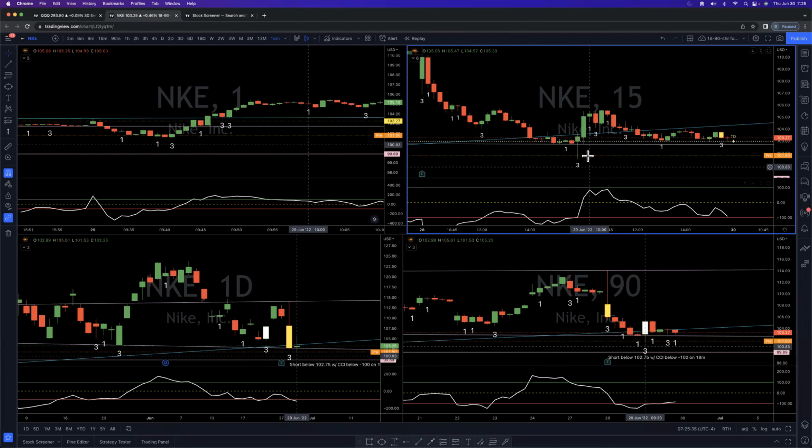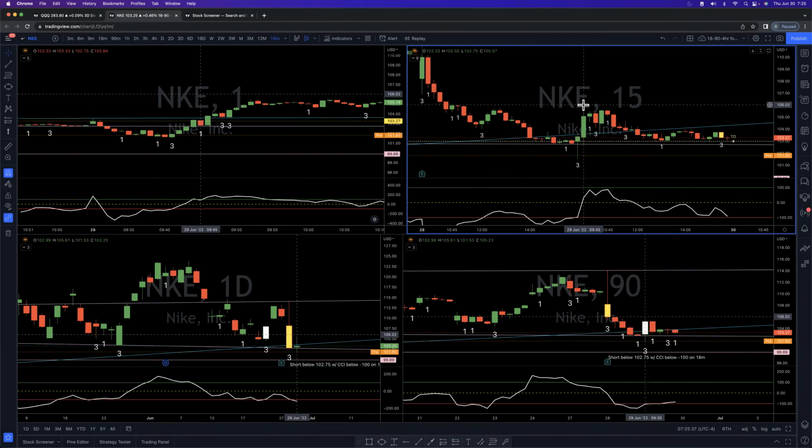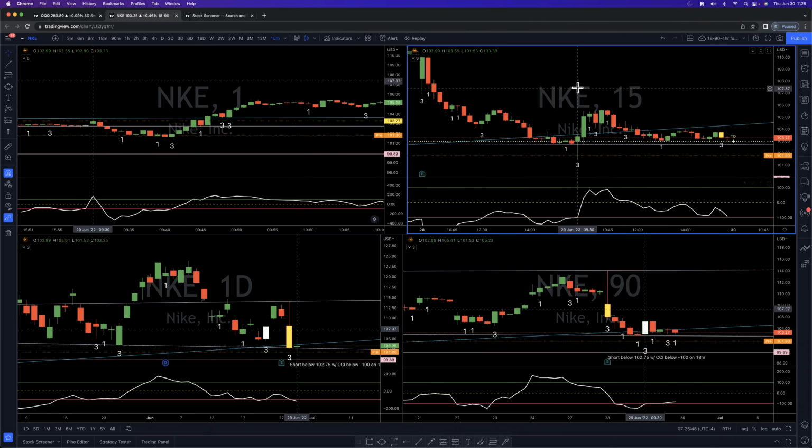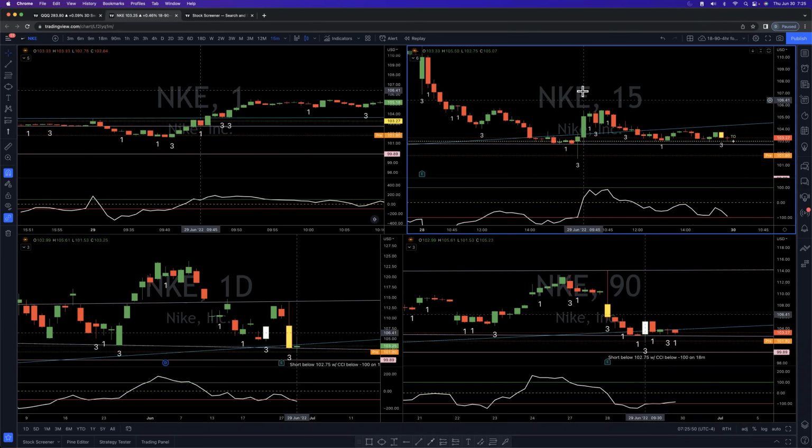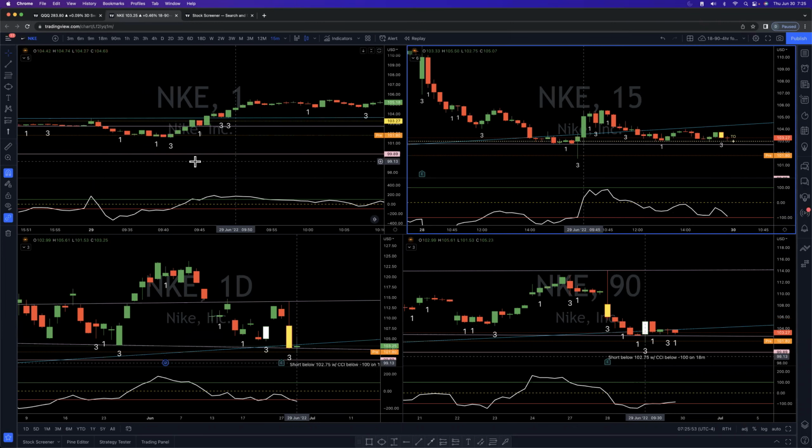It crossed over the zero line on this move to the upside. So it met my criteria, right, for reversal. Okay, so this is a reversal on this 15-minute. It traded down, came back up, so 3-2 up.